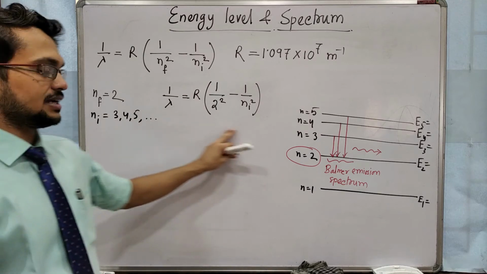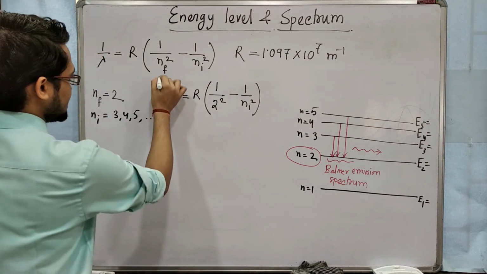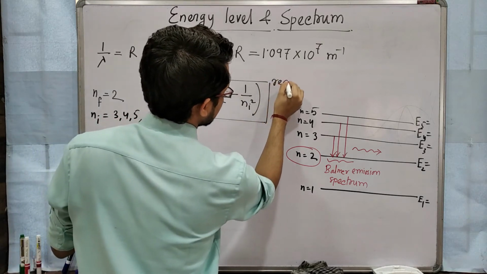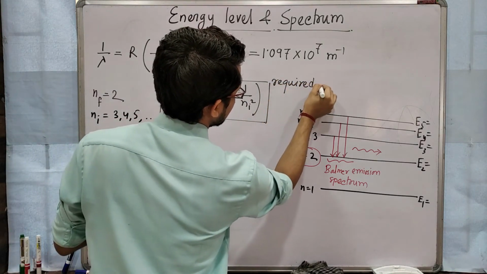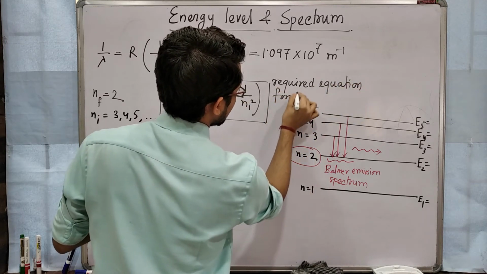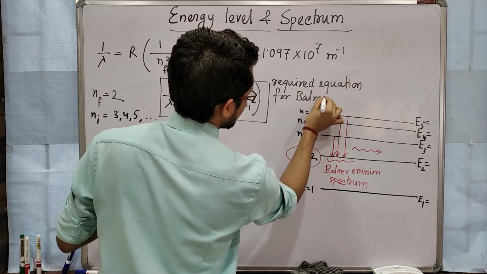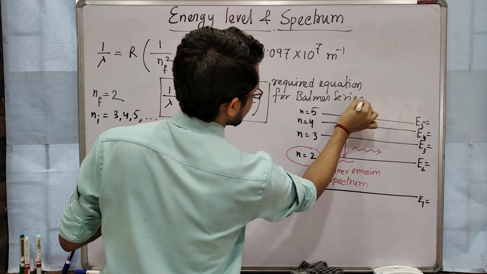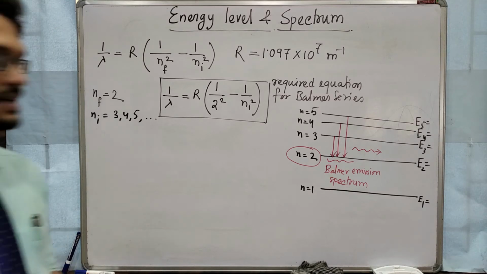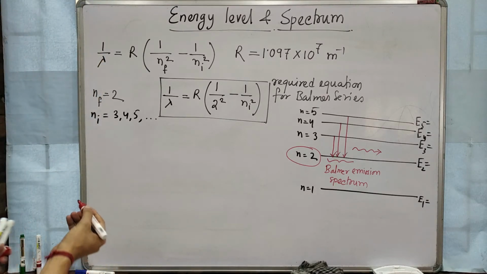This is the required equation for Balmer series. Now we will see the maximum and minimum wavelength again.